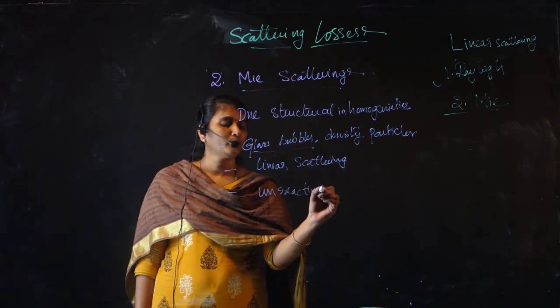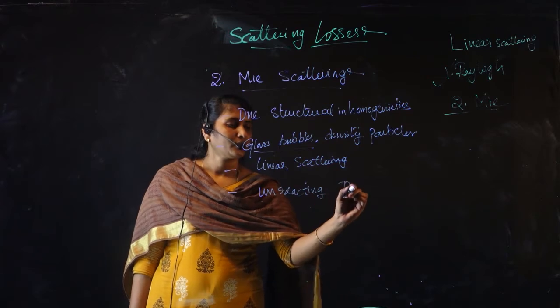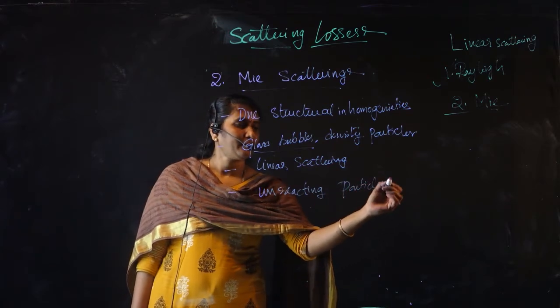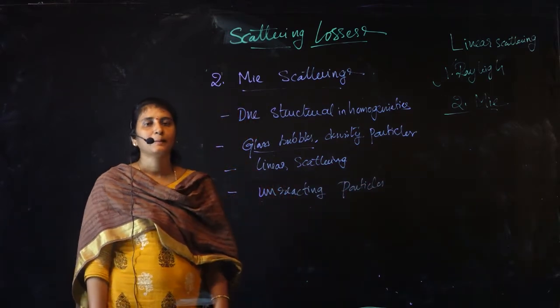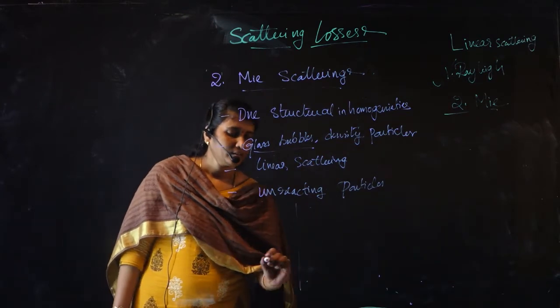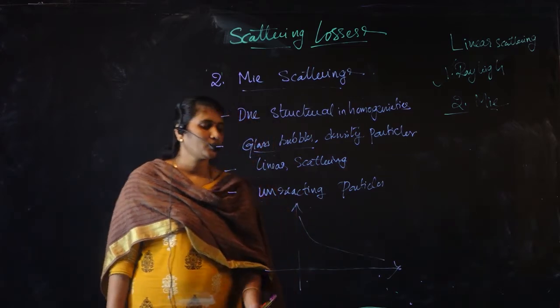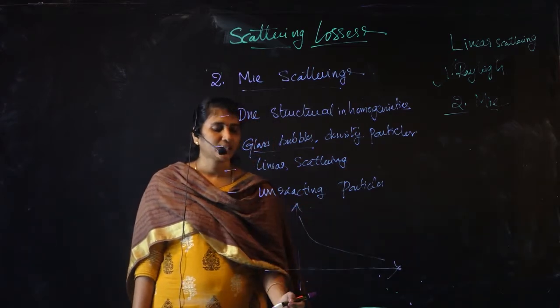In forming the composition of different molecules, some unreacted particles may be left out in the glass material. Those will also cause the Mie scattering, and the loss and attenuation graph is in this manner.